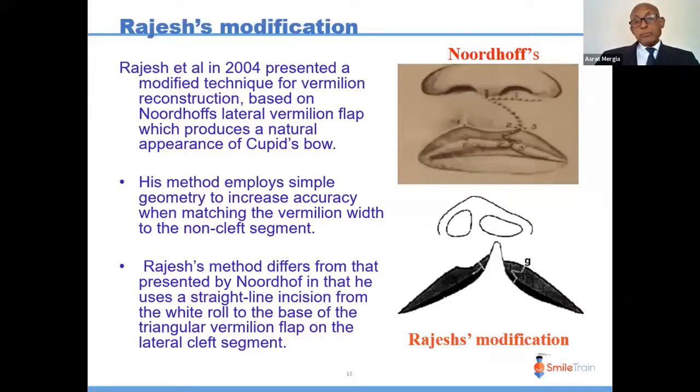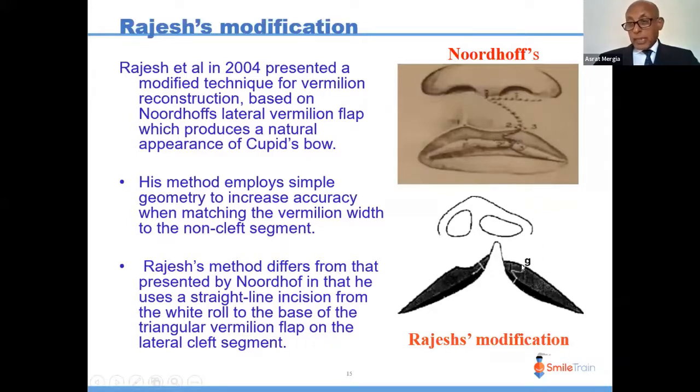Then, as I have been practicing my own way, some publications came out. And Rajesh, in 2004, addressed some of my concerns in this aspect. He modified the Noordhoff flap with his own modification. The point he made was, as I already mentioned earlier, that the base is bigger than the defect.